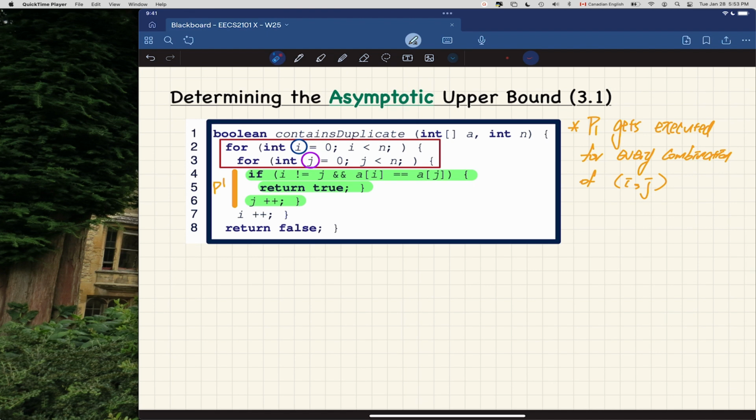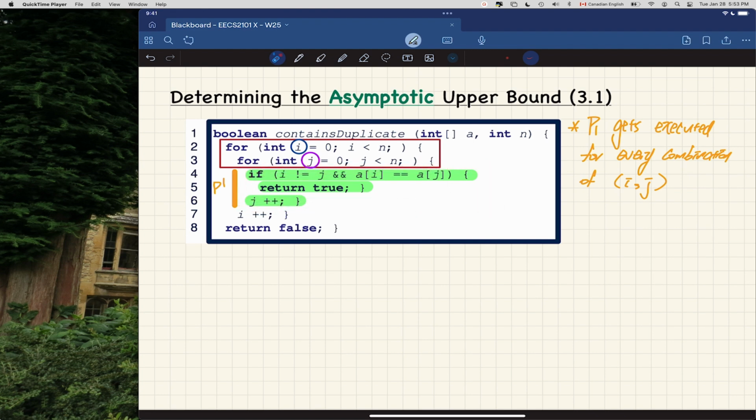And then, since we know that, we're going to figure out exactly how many combinations there are for I and j, and then each execution of this block is going to take how much time in terms of the number of primitive operations? We can just approximate that block to 1, just like how we did it earlier, right?